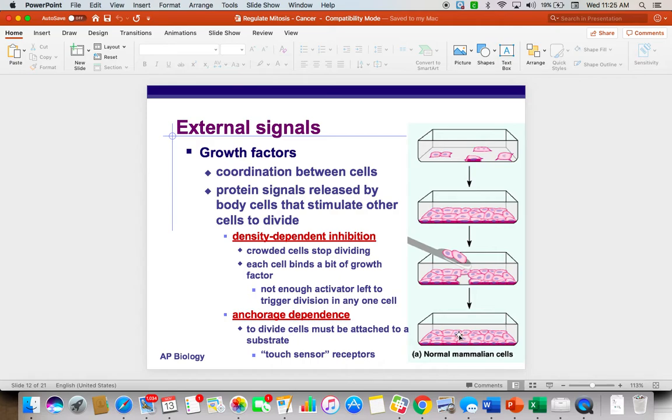Now, in someone with cancer, this doesn't happen. These cells would continue to divide because they're abnormal anyway, and they may overflow this dish. That's why people end up with tumors in their body.